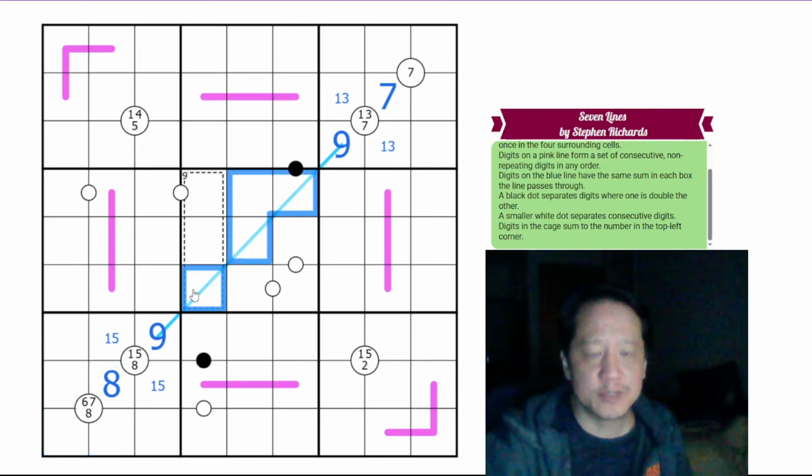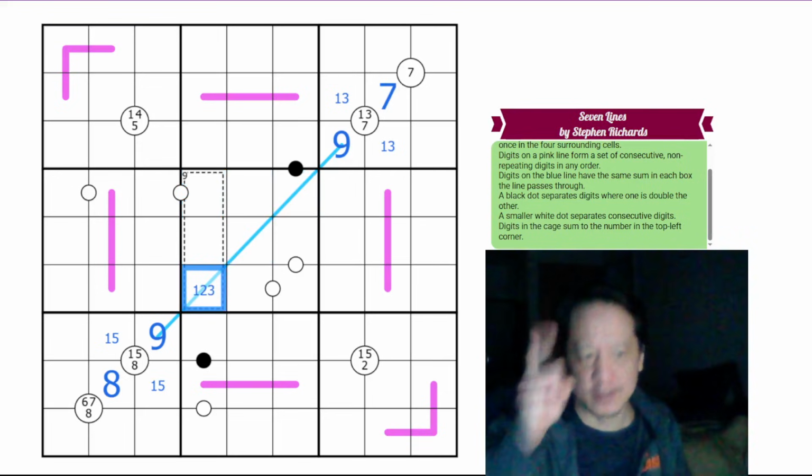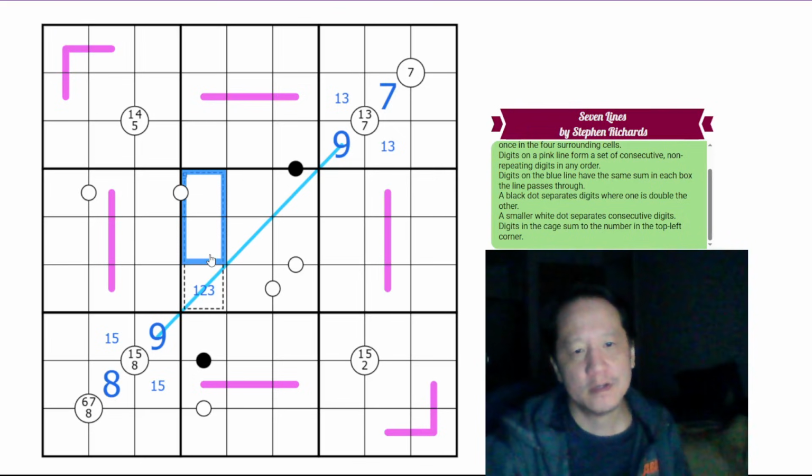Therefore, this adds up to 9, and this adds up to 9. Therefore, all the 1, 2s, and 3s must be in this set. So this must be 1, 2, or 3 to count as 1. And you have another 1, 2, 3 here, and you have another 1, 2, 3 here. That means none of these can be 1, 2, or 3.